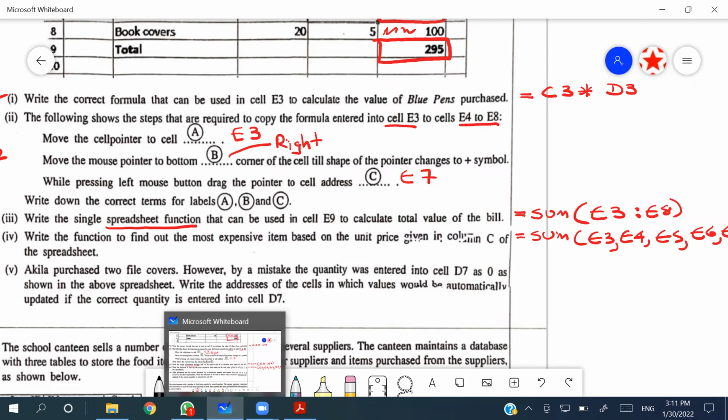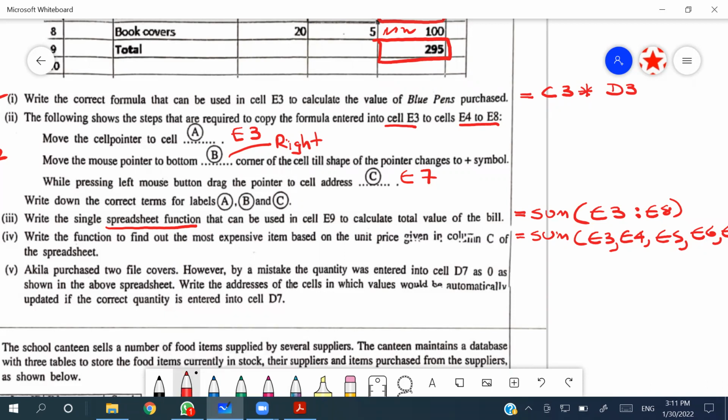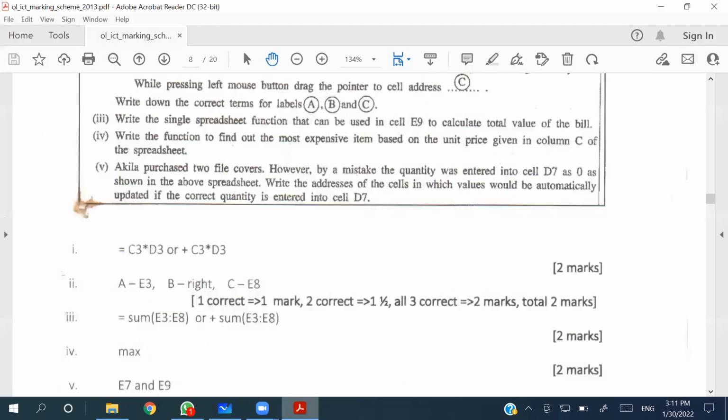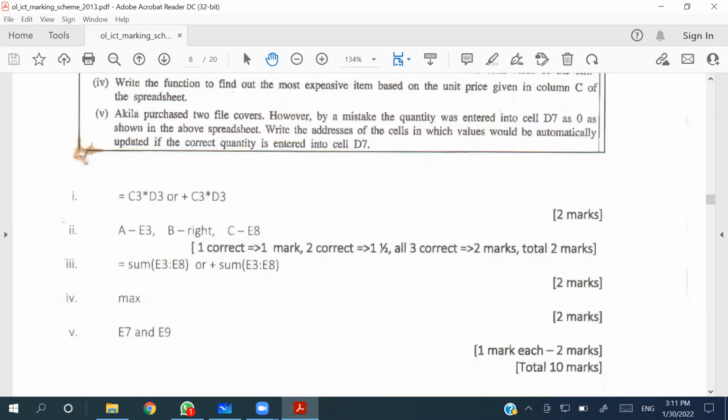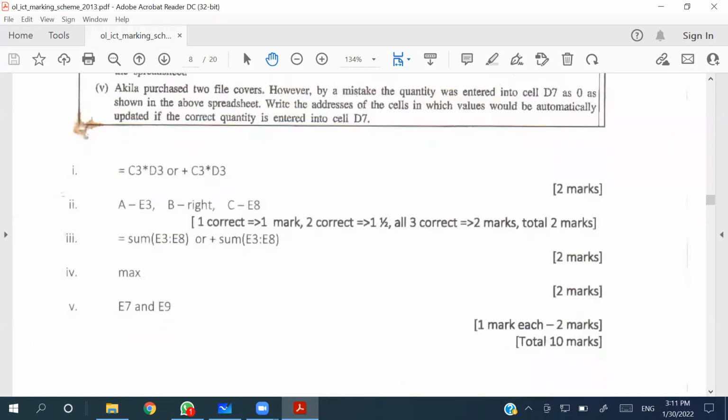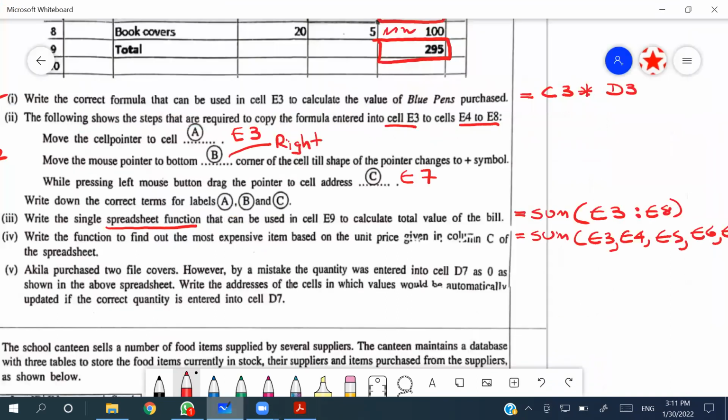So the function is going to be the max. And in marking scheme, they just go on with the answer max, all right? But since they have said to write the function, not the name of the function, it doesn't matter if you write the entire function, all right?